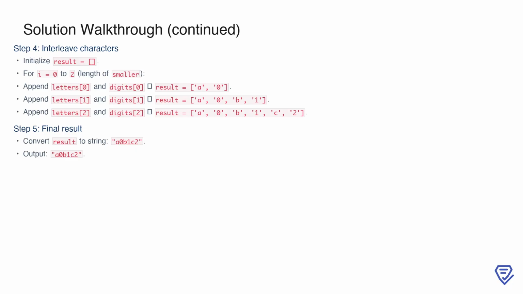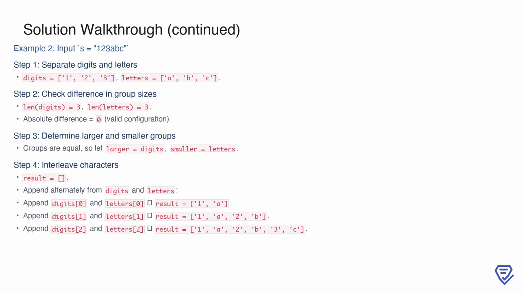Next, we append letters[1] and digits[1], making the list a, 0, b, 1. Finally, we include the last pair, letters[2] and digits[2], updating the result to a, 0, b, 1, c, 2. Once we finish interleaving all elements, we convert the result list to a string, which gives us the output a0b1c2. This is the reformatted string that alternates between letters and digits.